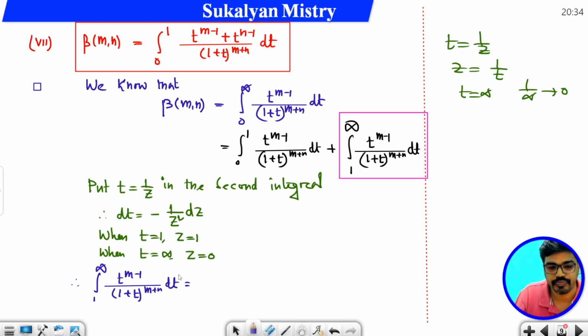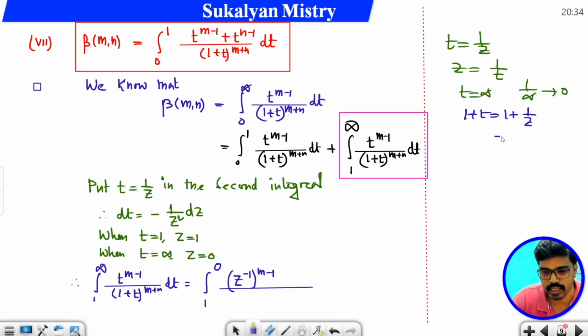So this becomes, when t is equal to 1, z is equal to 1, when t is equal to infinity, z is equal to 0. t is equal to 1 by z, that means t is equal to z to the power minus 1, that means z to the power minus 1 whole to the power m minus 1 basically, ঠিক আছে, divided by 1 plus t, and 1 plus t is 1 plus 1 by z, so z is the LCM, so z plus 1 by z, so z plus 1 by z to the power m plus n.